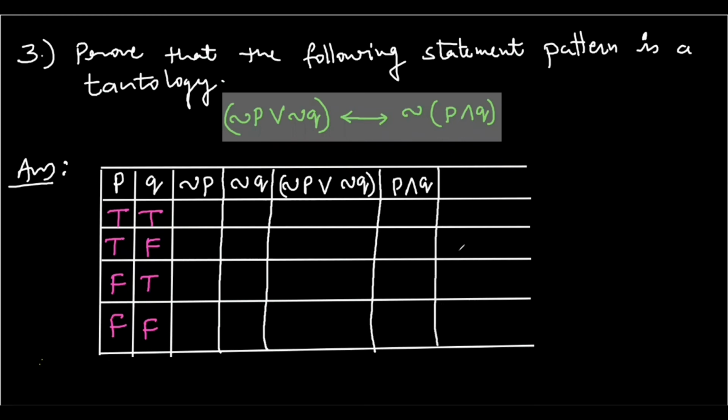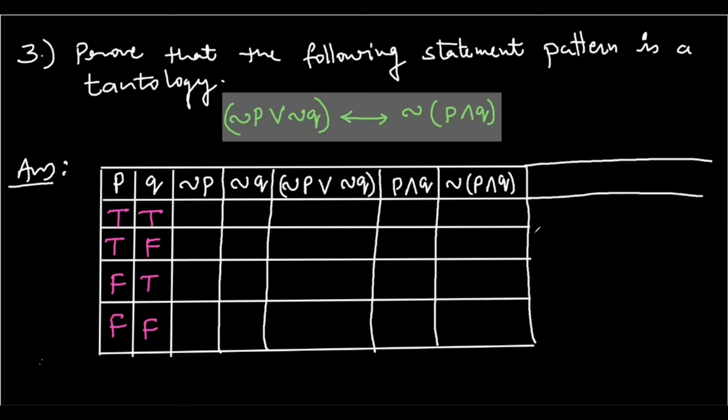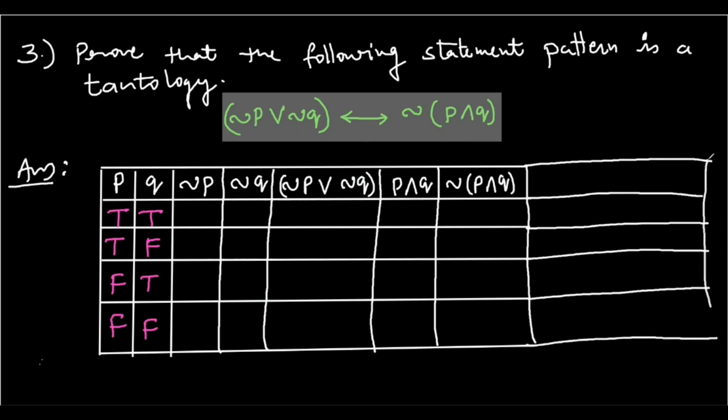After P and Q, I shall go for negation of P and Q. Okay. Finally, we shall go for negation P or negation Q, double implication, negation of P and Q. That is this column and this column.